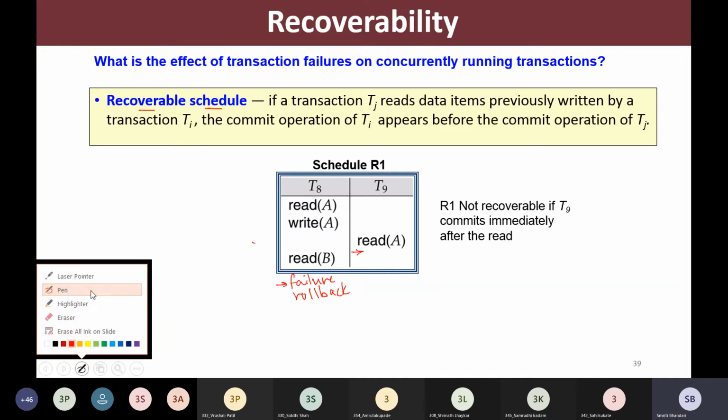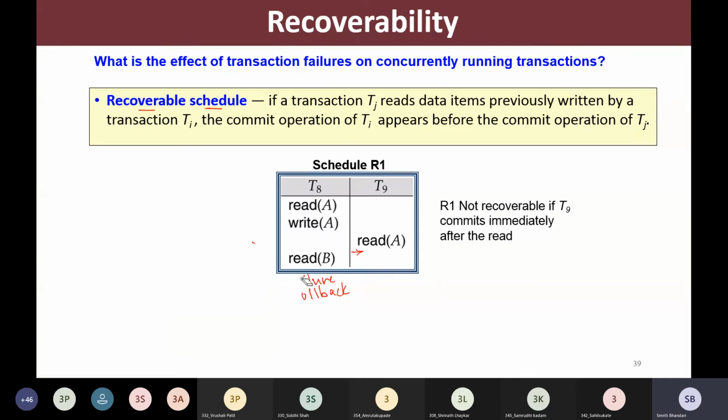So please once again refer to this comment: R1 is not recoverable if T9 commits immediately after this read operation. But if T8 commits first and then T9 commits, there will not be any problem.